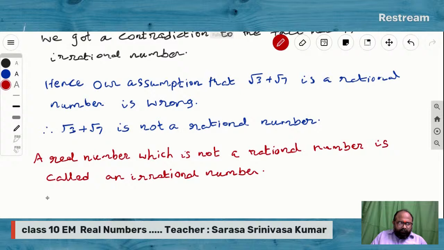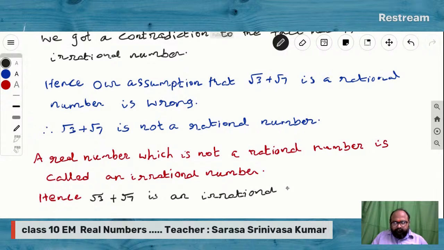Hence, we conclude that square root of 3 plus square root of 7 is an irrational number.